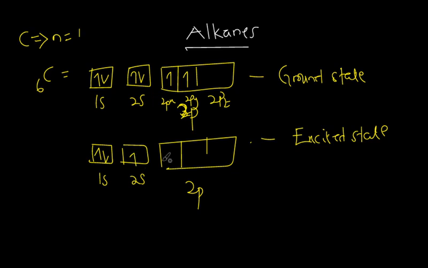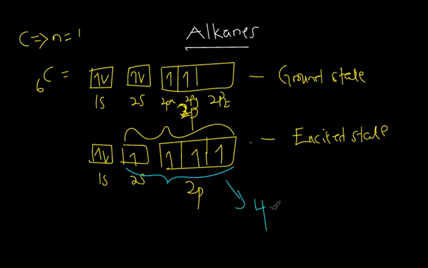So we have just 1 over here, then we fill this also with 1, 1, 1. If we combine these orbitals, which are the ones we have over here, then we get 4 equivalent sp3 hybrid orbitals.